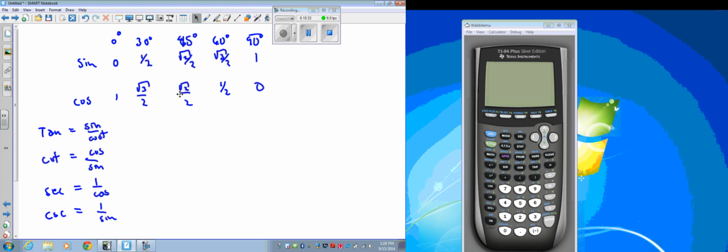So let's see. Lucas, what is number 9? Cosecant of 60. You'd have to invert and multiply, right?